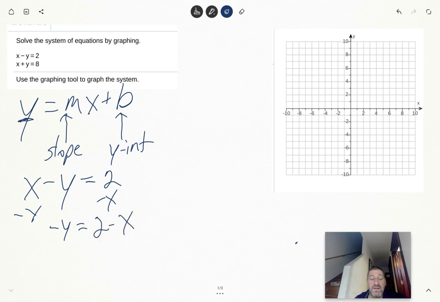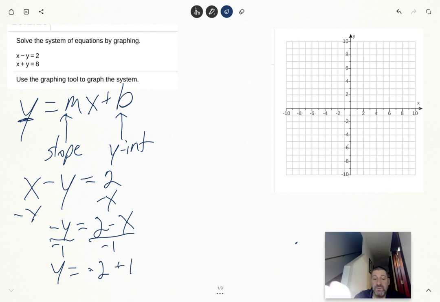Now to get rid of that negative, I can multiply or divide everything by -1. I'll divide everything by -1, so y equals 2 divided by -1 is -2, and negative x divided by -1 would be a positive x.